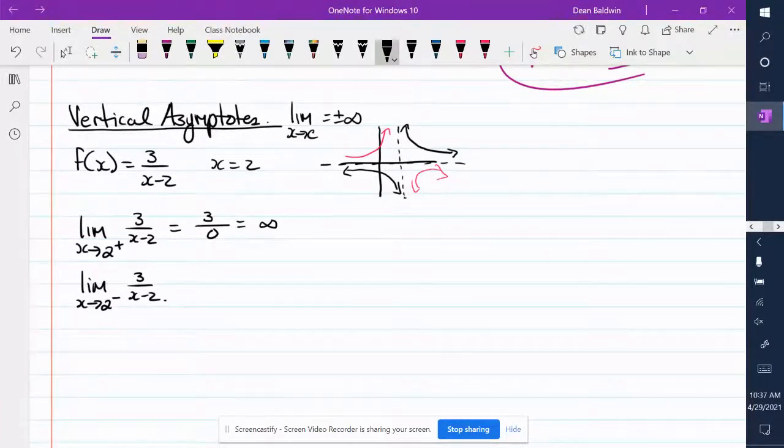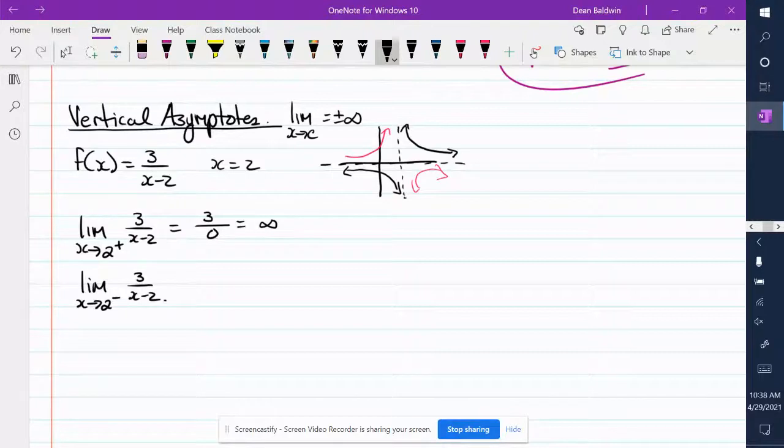If I'm coming towards 2 from the positive side, numbers that are bigger than 2, is this bottom number going to be positive or negative? Positive, right? Because numbers that are bigger than 2, draw a number line. So 2, I'm coming from this side, right? So just pick an easy number, 3. Okay?